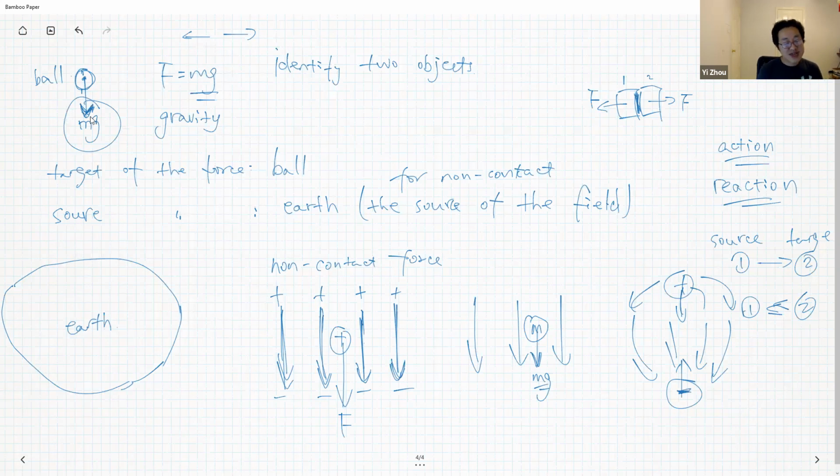They have to be the same kind of force. If one is gravity, the other one should be gravity also. And if this one is going down, the other one is supposed to be going up. The action and reaction have the same magnitude.